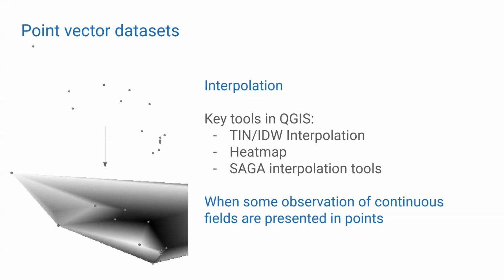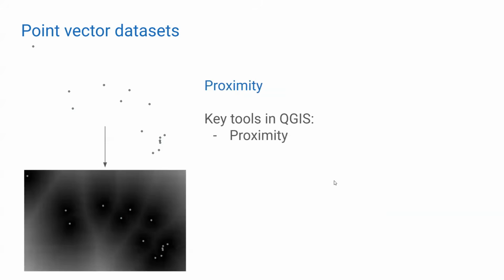It's a relatively rare case when someone uses interpolation to prepare the data, but still, for some cases, it is the right way to act. And the most popular way to prepare points is to calculate proximity raster. A raster where each pixel stores the distance to the nearest point. It is very, very widely used approach in Mollusc.